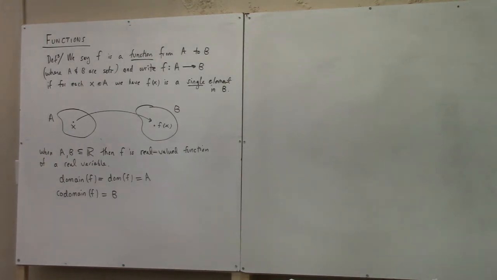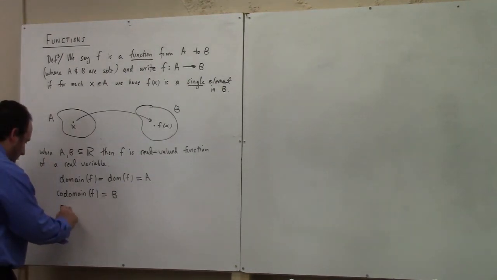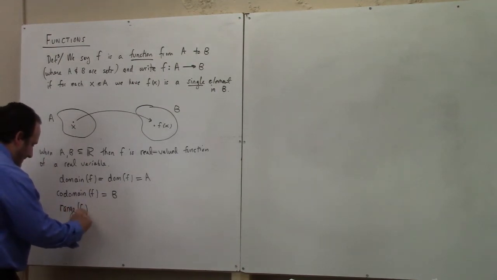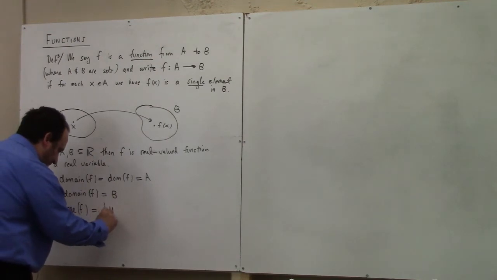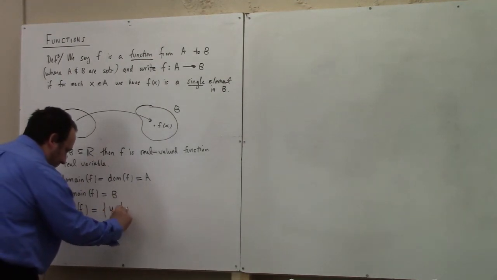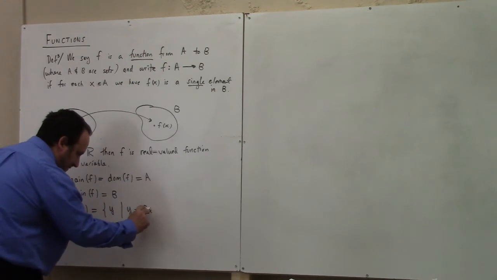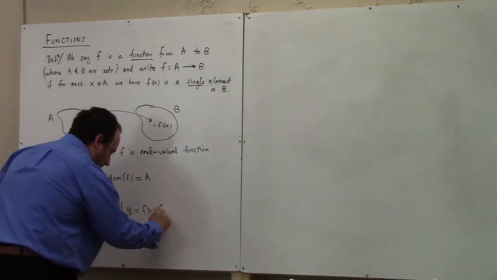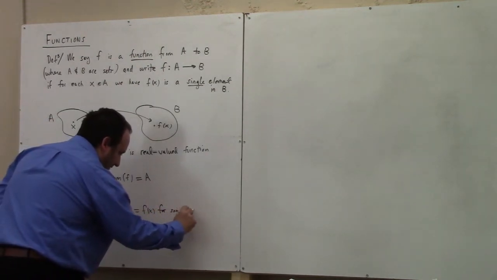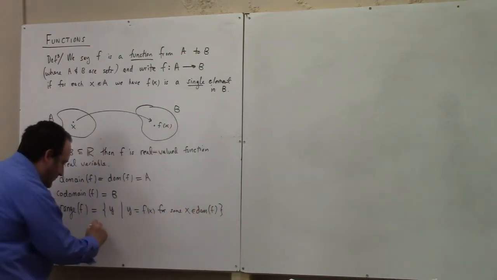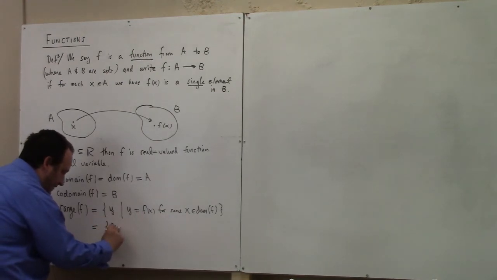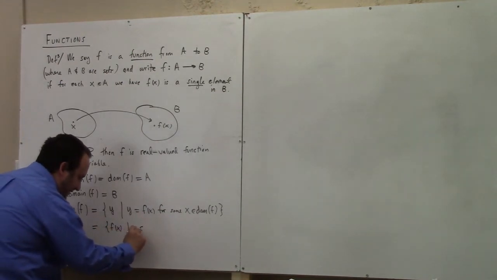You've probably, though, seen the thing I'm about to write down, which is the range, right? What's the range of the function equal to? That's the set of y such that y is equal to f(x) for some x in the domain of f. In other words, you could say it's f(x) such that x is in the domain of f.